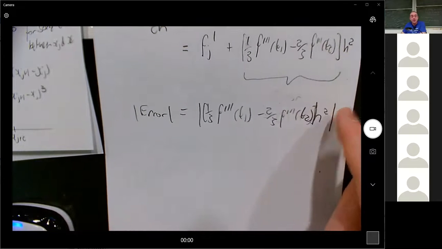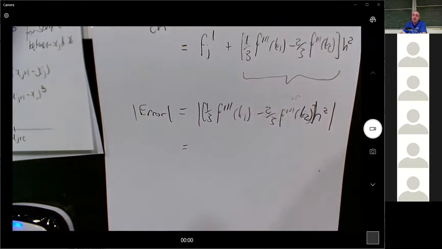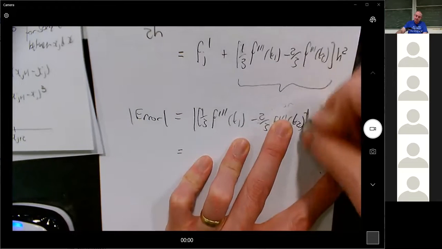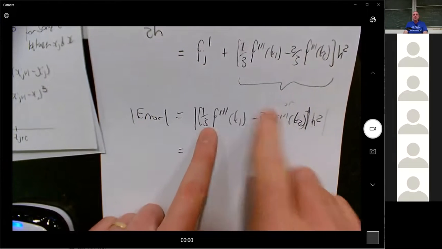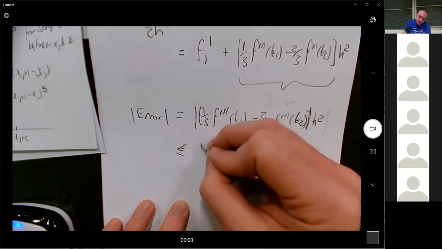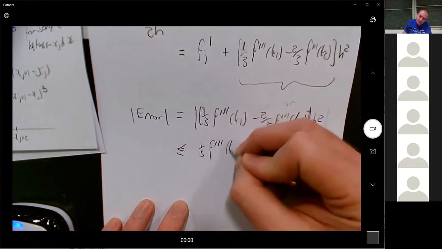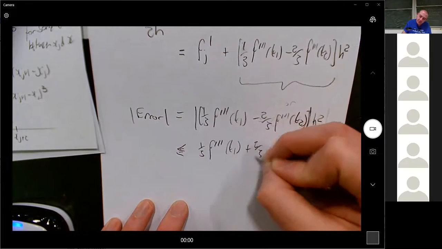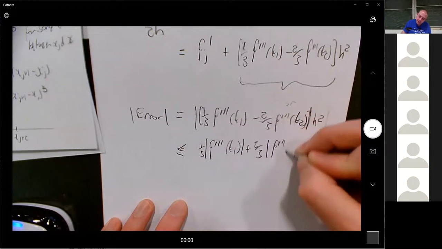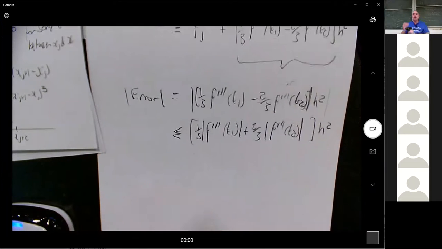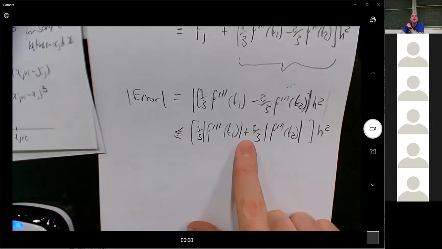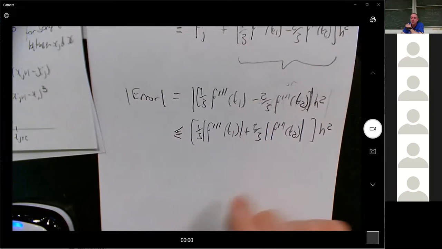The h squared can come out, and then this is less than or equal to 1/3 of f triple dash t1 plus 2/3 of f triple dash t2. So when you expand an absolute value out across a plus or a minus, it turns it into a less than or equal to and a plus. All the minuses will become plus because we're absolute valuing them.